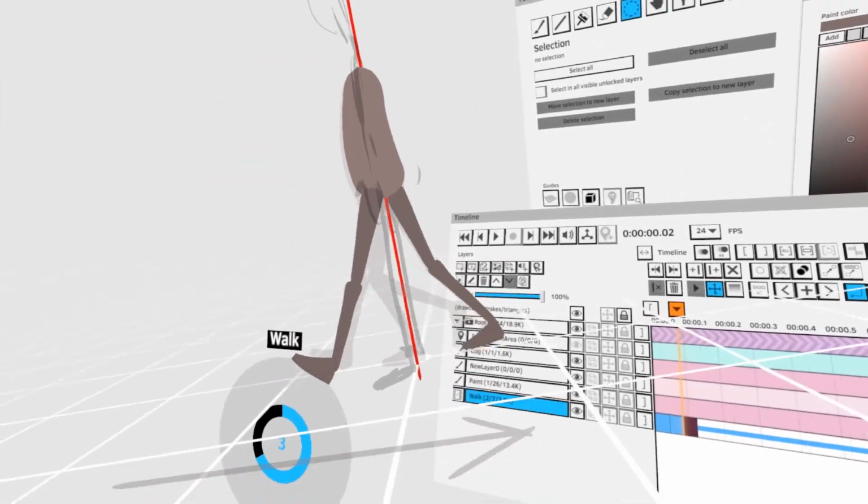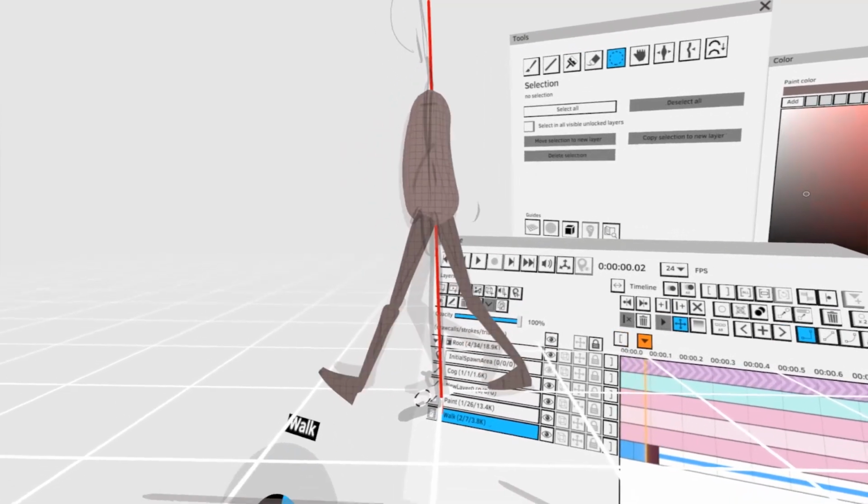So, okay, going back to the walk cycle poses, what I'm doing on the stride is making sure the mirror of the stride is really a mirror. So the stride position for the right leg needs to be in the same spot as the left leg.